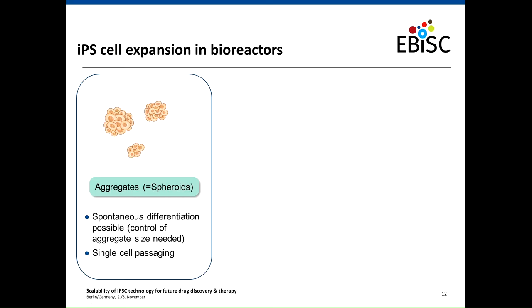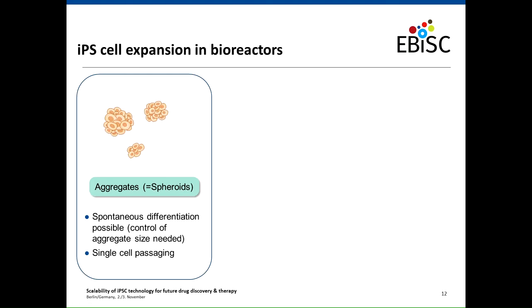That means you seed in your single cell suspension, run a bioreactor protocol, and then you expand your cells as aggregates. What you have to look at is that you need to control the aggregate size, because otherwise you have spontaneous differentiation. And sometimes it's also quite difficult to dissociate these aggregates at the end, because you need to make a single cell passaging to start the next bioreactor process.